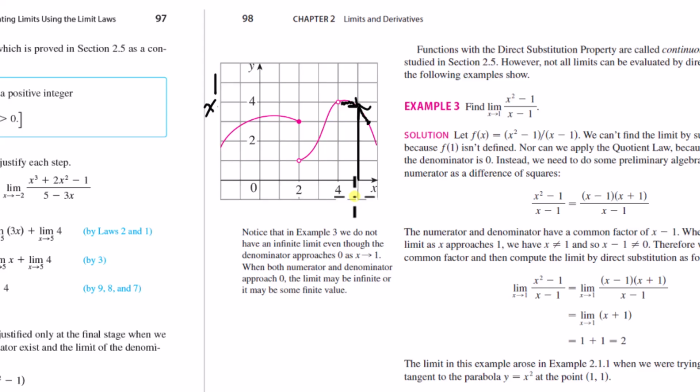Okay, so that's where this direct substitution rule is coming from. And again, once we learn the official meaning of continuity in section 2.5, we'll be able to make the general statement that the limit of any function as the input approaches a value at which the function is continuous is equal to the function evaluated at that value.